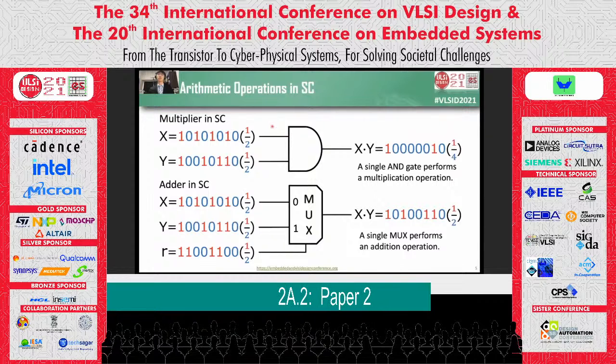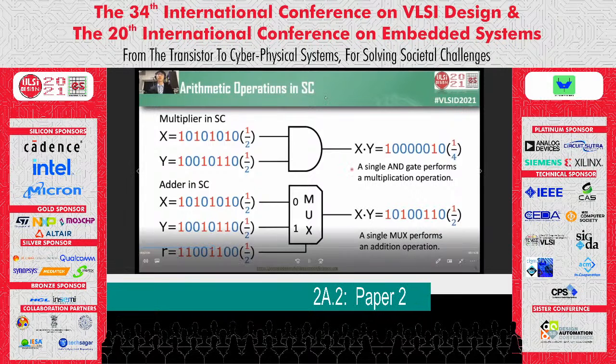These input SNs represent 1/2 for both x and y. The SN output by the AND gate represents 1/4 in value. The answer is 1/4 by 1/2 and 1/2. From this, we can confirm that multiplication has been performed.